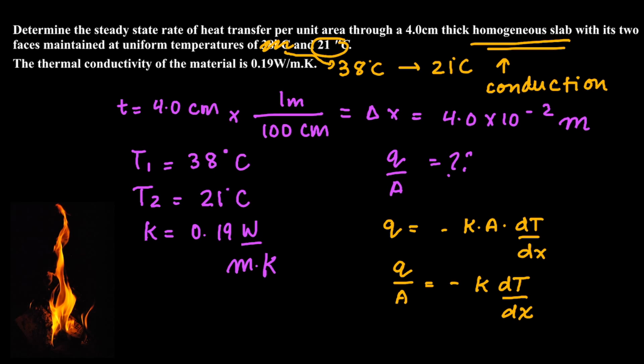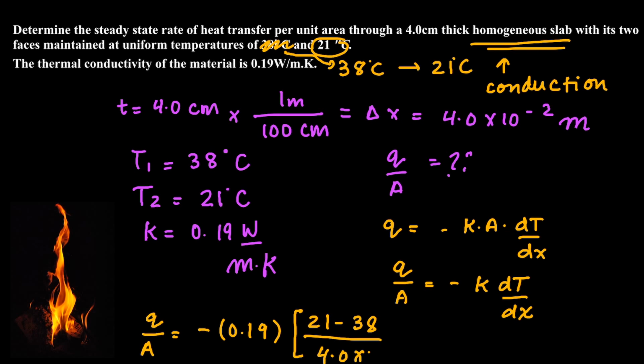Plugging everything in, Q over A equals negative 0.19 times T2, 21 minus 38, over the change in X of 4.0 times 10 to the negative 2.